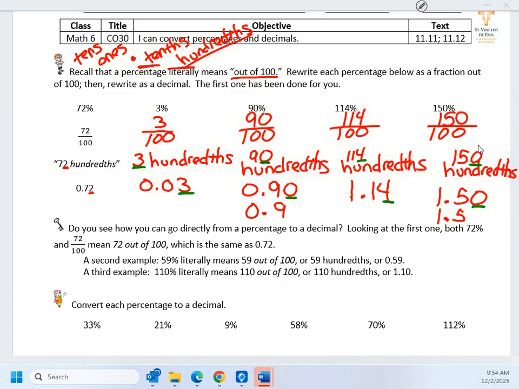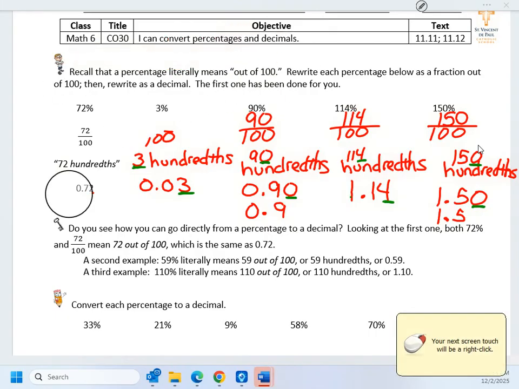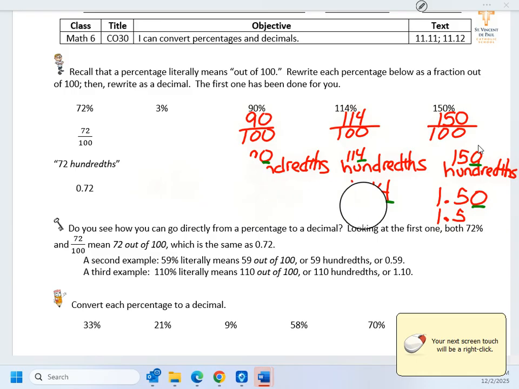A second example, 59% literally means 59 out of 100, or 59 hundredths, or 0.59. A third example, 110% literally means 110 out of 100, or 110 hundredths, or 1 and 10 hundredths, 1.10. So what we can do, instead of doing the percent to the fraction to the decimal, we can just go straight from the percent to the decimal.